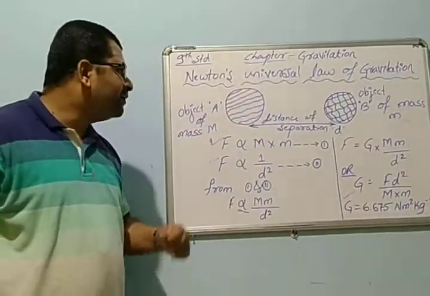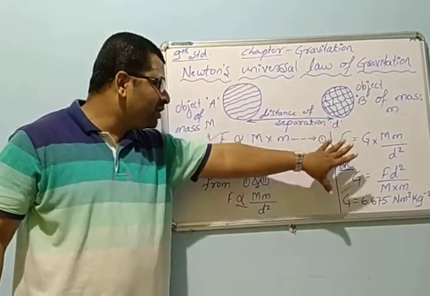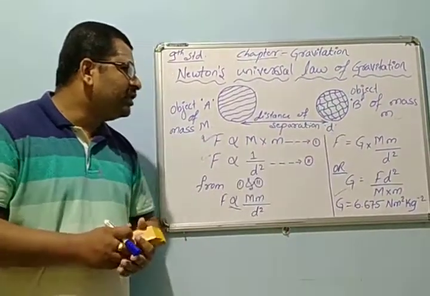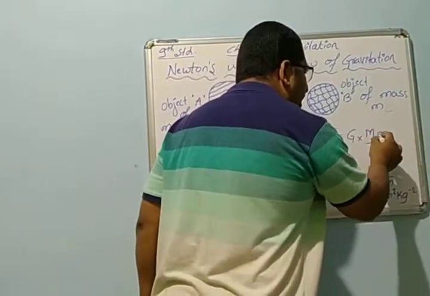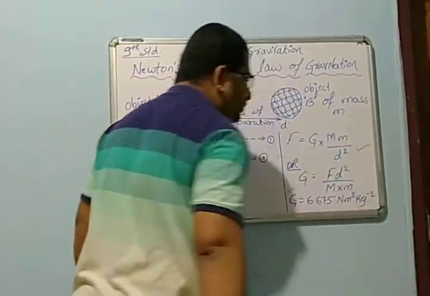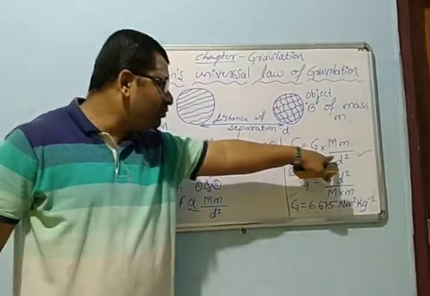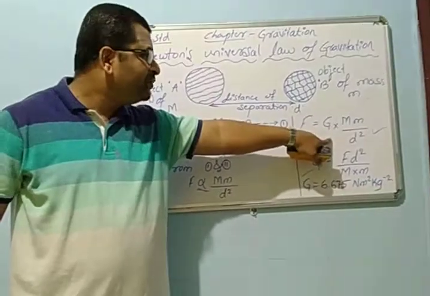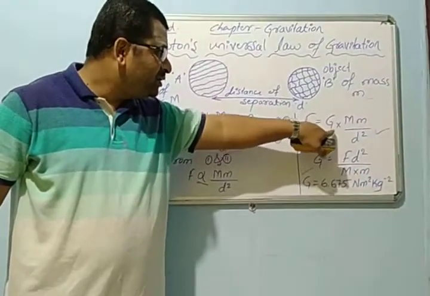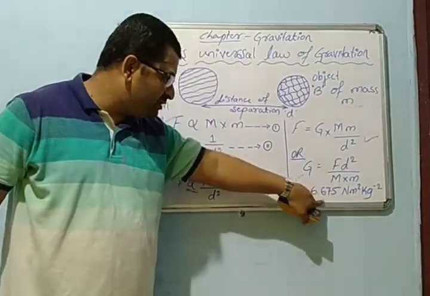Some numericals will come on this formula, that is F is equal to G M m by d square. On this formula the numericals will come, where G is a constant and the value is this.